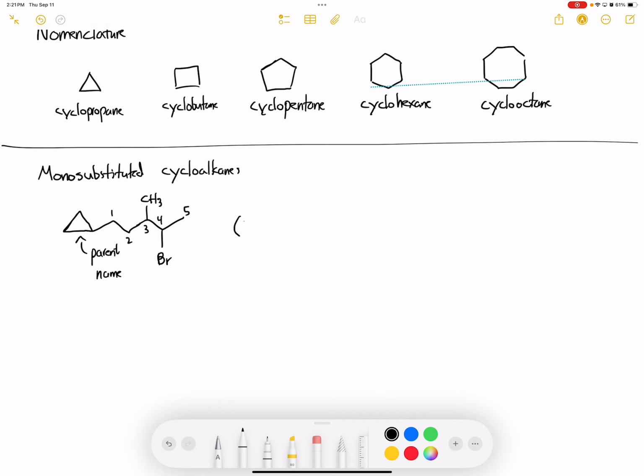So this would be 4-bromo, 3-methyl. And how long is that chain? 5. So what should we put at the end? Pentyl, yeah. Pentyl.